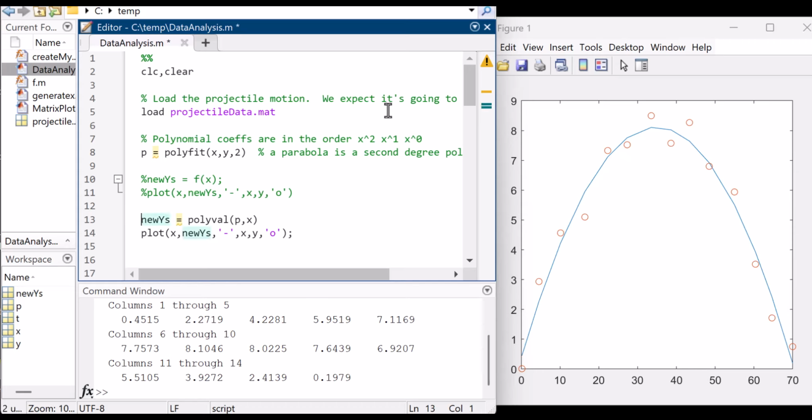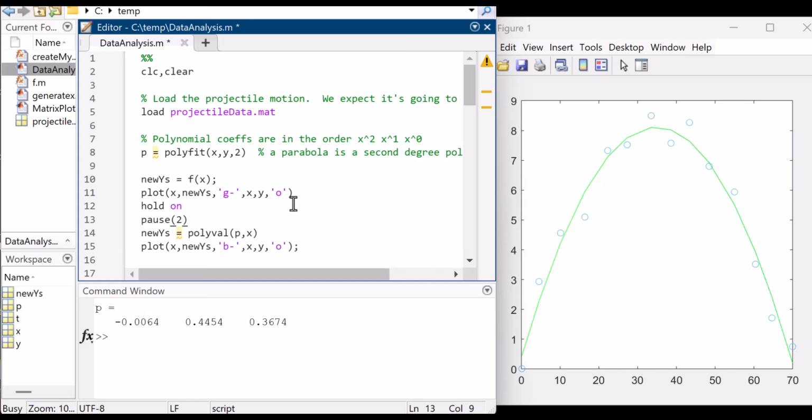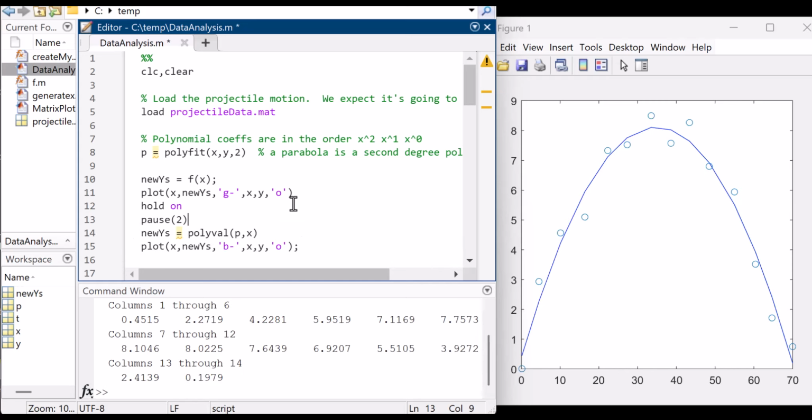So hold on, I'm going to do them both, just so we know I'm not crazy. I'm going to do these in green, and I'm going to do this in blue. It's the exact same thing. See, the exact same picture.